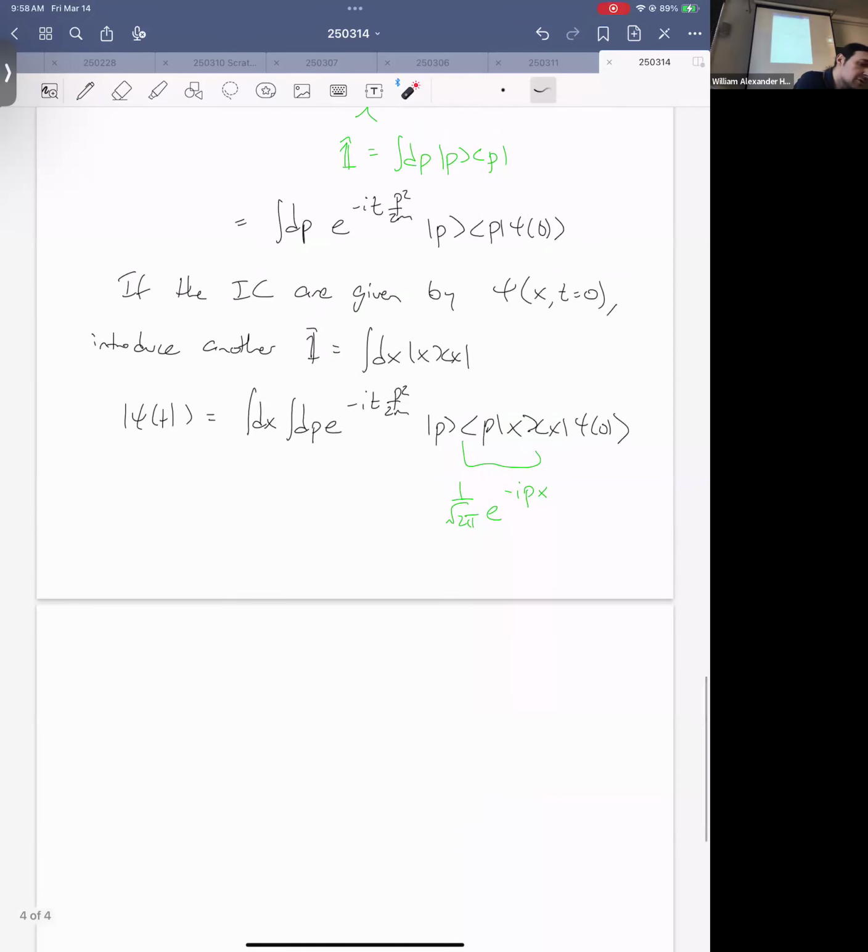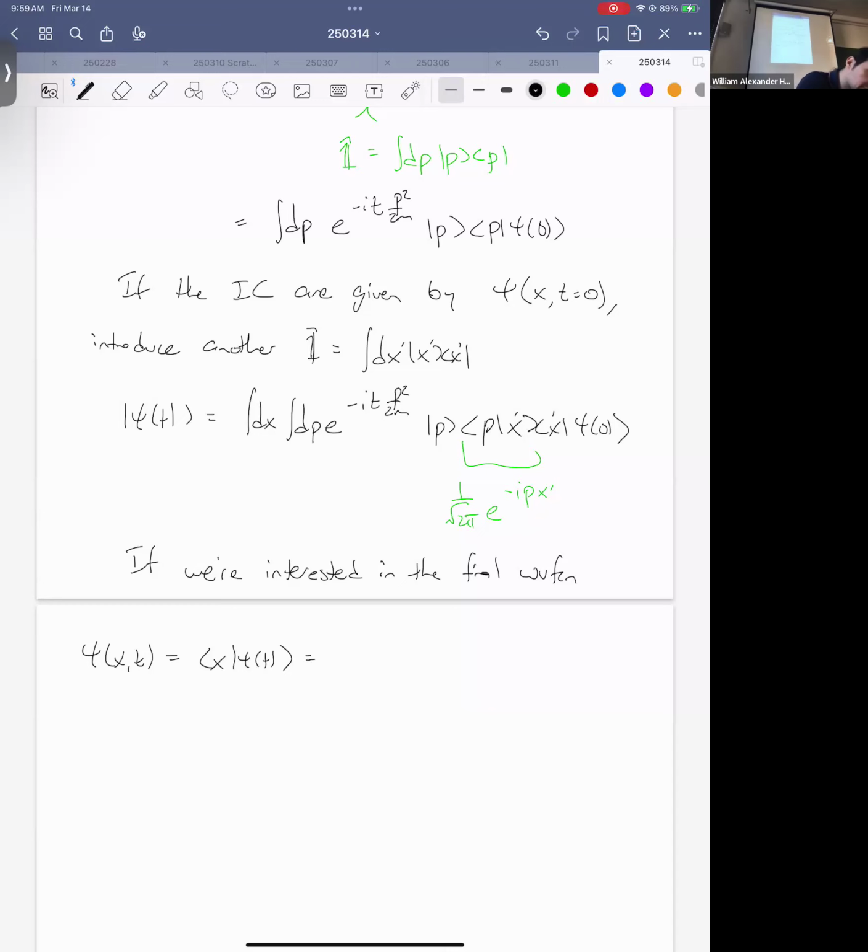Now, if we're given the initial wave function, we probably want not just the final state, but the final wave function. So let's actually put primes on here. Say we're interested in the final wave function, psi of x and t, which is x psi of t, then it's the same result.